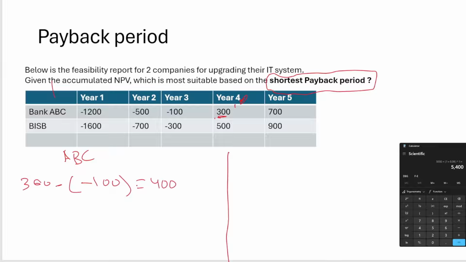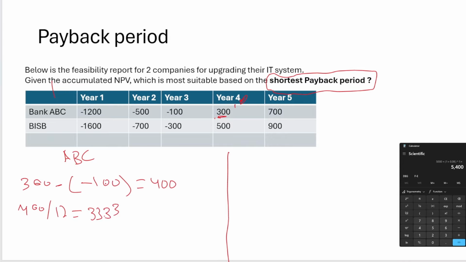Now this is the change between these 2 years. Now we want to calculate monthly change. So how do we do it? We take the 400 we got here, divided by 12, which is the number of months in a year. We will get 33.33.